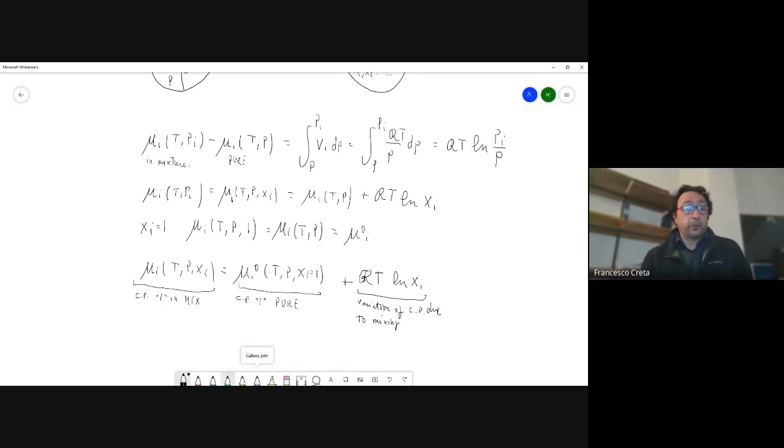So in other words, we can write it in short, mu I equals mu I 0 plus this quantity here, which we call delta mix of mu I, okay?